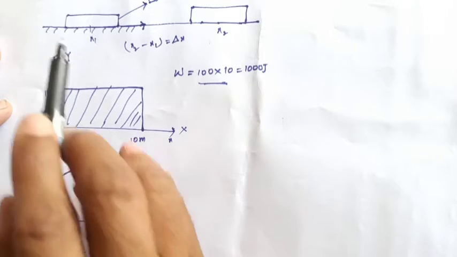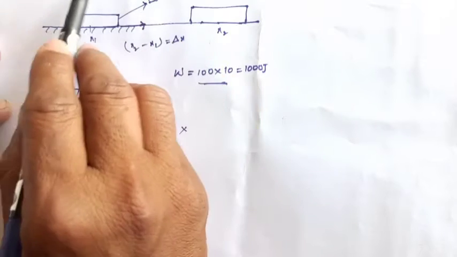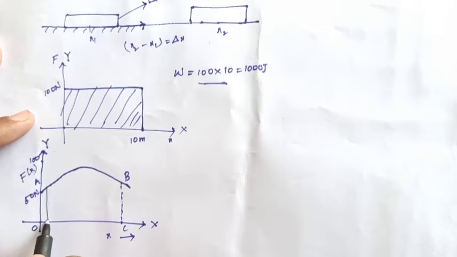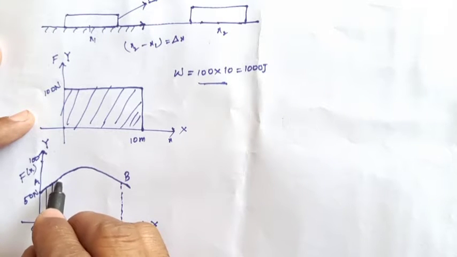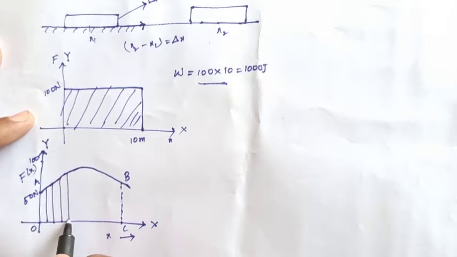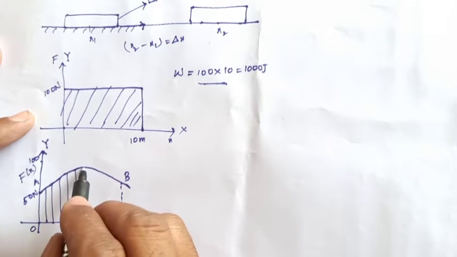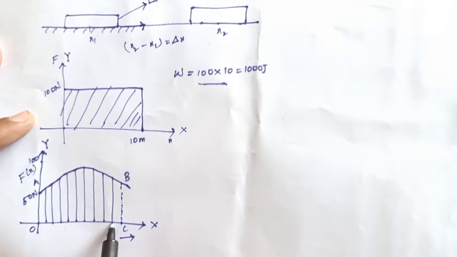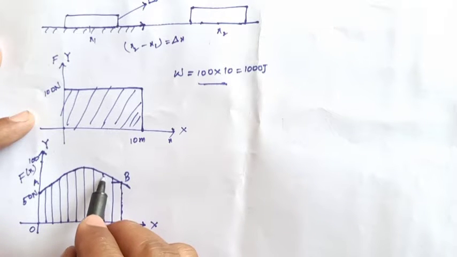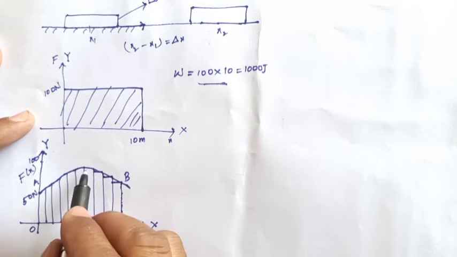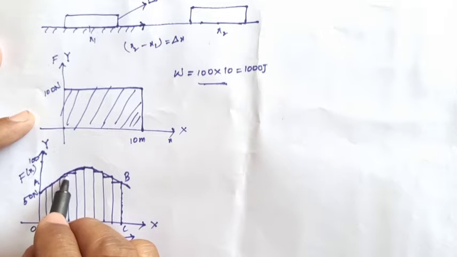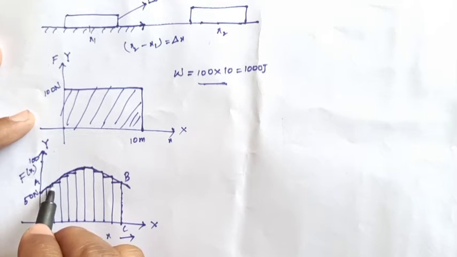So this is called the work done by a variable force. We divide the area into small strips. These small strips are rectangular.